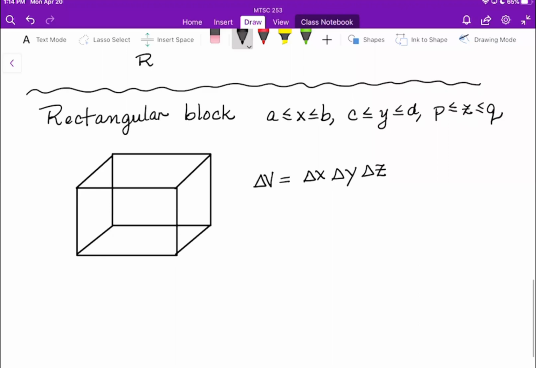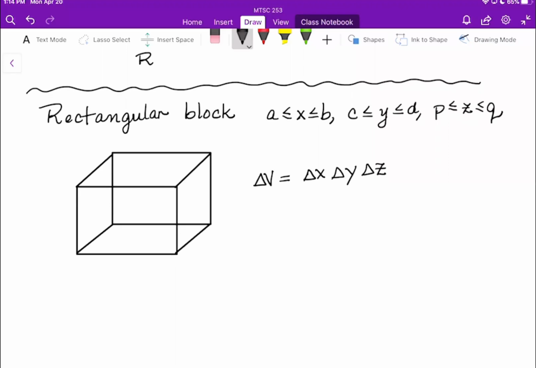So now, where this is a smaller block that is inside. So this is a smaller block here.